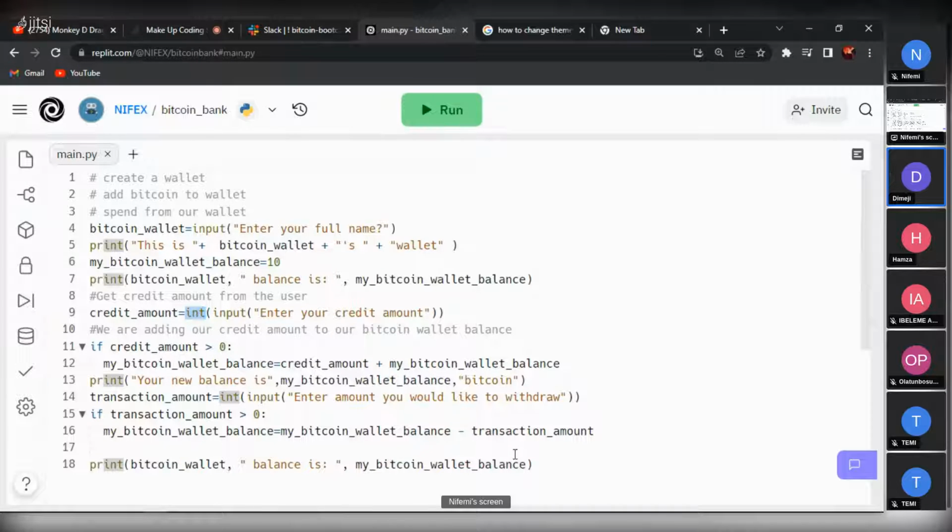You see input, enter your credit amount, and the value of input is always text. Do you understand? It is a string. If you pass in 10 or you pass in 1000, that 1000 is not a number. It is a string. Do we all get that? Yes, sir. Okay, you can ask your question before I continue.